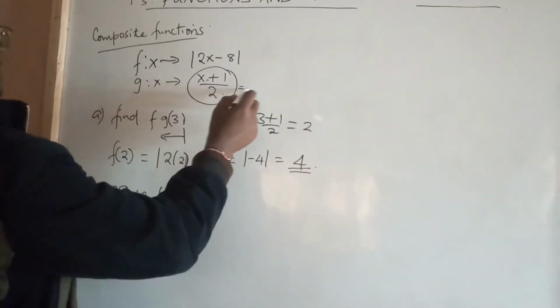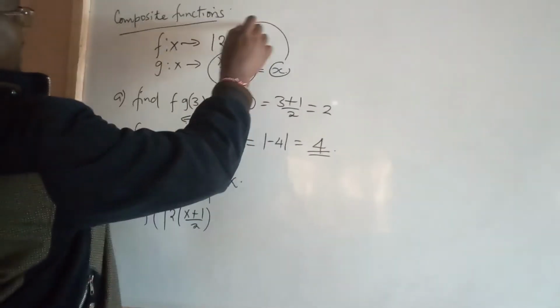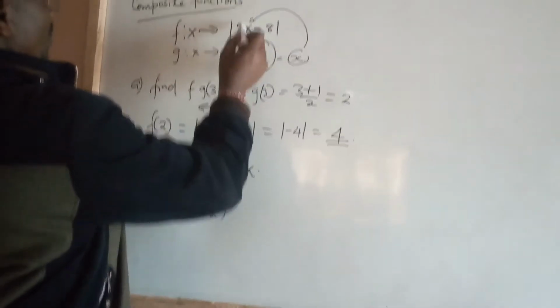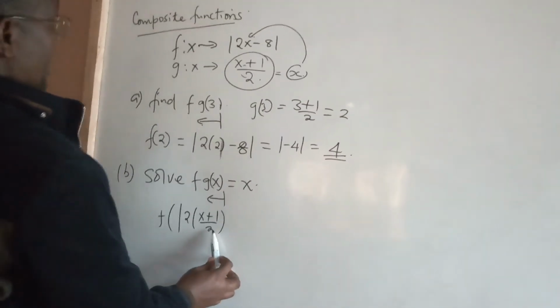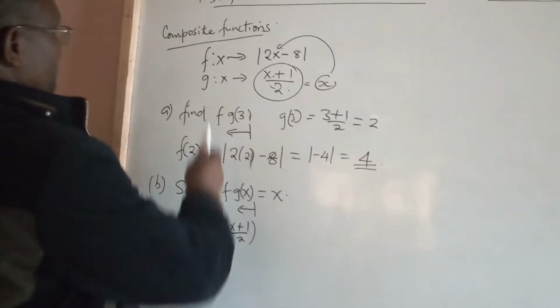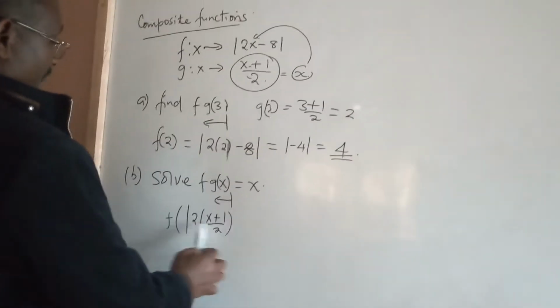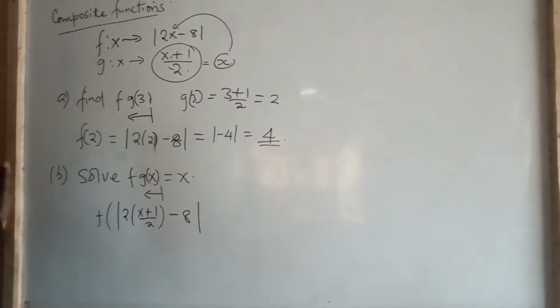The new value of x is as a result of g(x), which is (x plus 1) over 2. Of course, minus 8, and finally modulus.